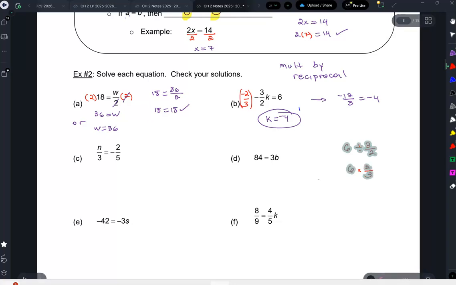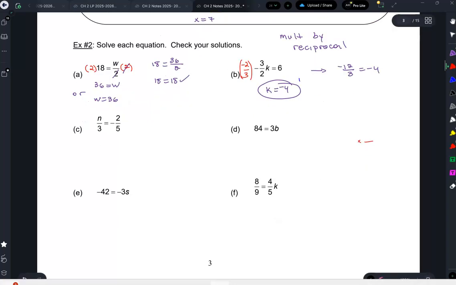All right. So here we go. This one, what am I going to do for C? I am going to multiply by 3. And here too, I'm going to multiply by 3.